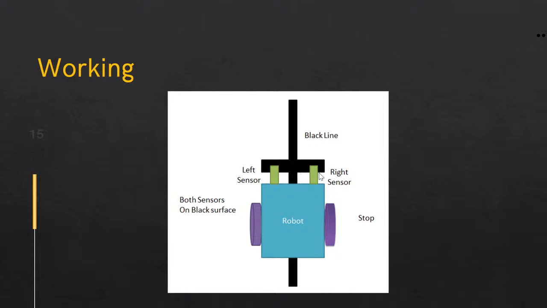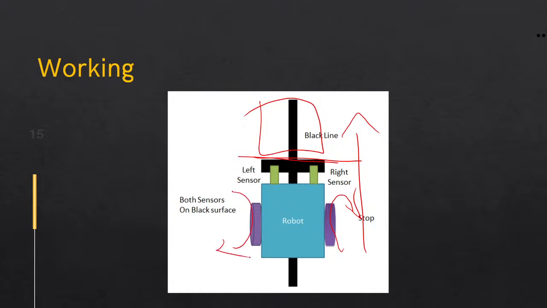So you can tell the robot to U-turn. How can you make the robot U-turn? Suppose there is no black line here, so this is a dead end. There is no point of moving forward, so just rotate one motor clockwise and one motor anti-clockwise, then the robot will just rotate.